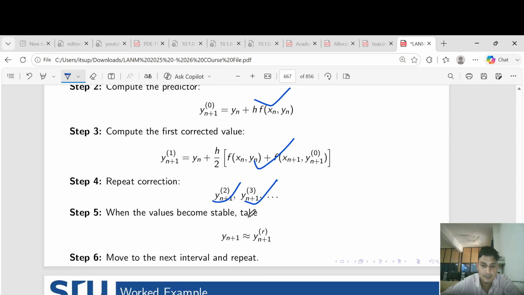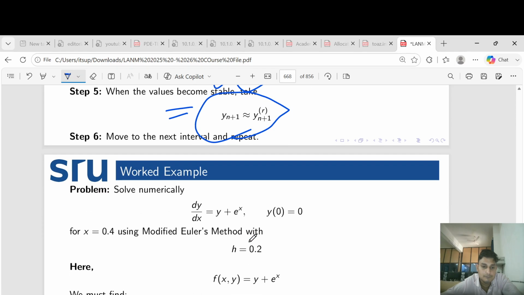When the values become stable, meaning the y(n+1) value at the second iteration is equal to the y(n+1) value at the third iteration, if both values are equal to two decimal places, then you declare that this is the correct value, the solution of the differential equation.